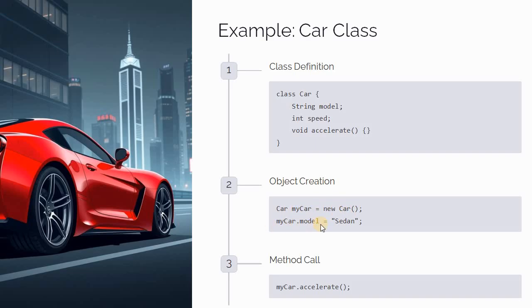Here myCar dot model, I am going to access this. This is the way to access the field, where I am saying my model is the sedan. How do we call the method? It's also very simple. On the reference of the myCar object, you can call a method. So here I am calling myCar dot accelerate. This is very simple.